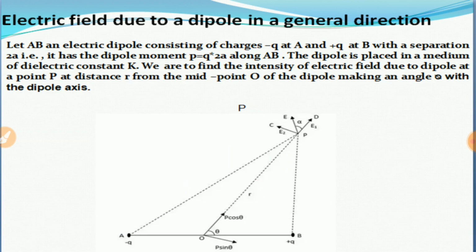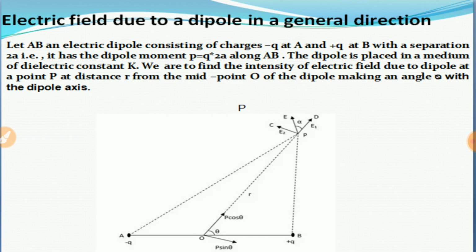Now, the electric field due to a dipole in a general position or in a general direction. Let there be an electric dipole consisting of charges minus Q at A and plus Q at B with a separation 2a, that is, it has the dipole moment P equal to Q into 2a along the AB direction.